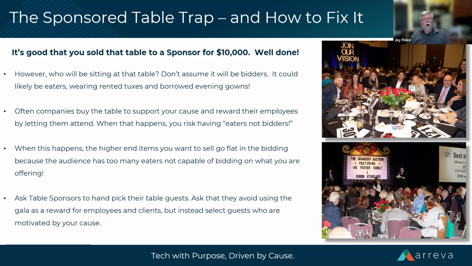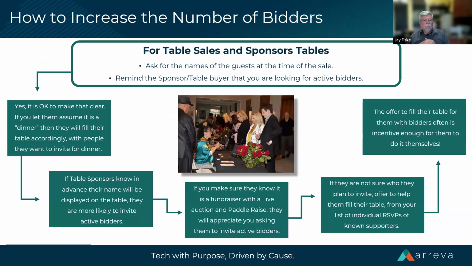So it's sort of an almost subliminal message, and that is, by the way, we're going to spotlight your table, and everyone's going to know it's your table, it's your company represented. You don't want to have a table filled with folks that are sitting on their hands during the bidding. Okay. So this is the issue for table sponsors. It's okay to make it clear that even though they're going to have dinner served at their table, we're not just looking for people that are going to eat the dinner.